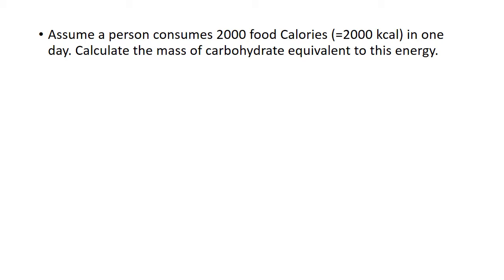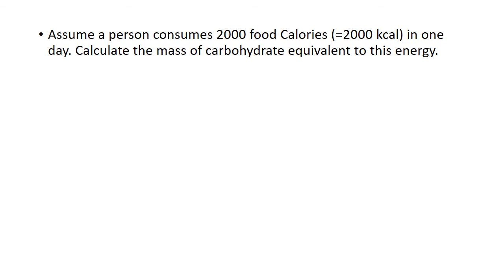Food calories is something you should be familiar with, and 2,000 might be a typical number; for an athlete, it's probably a lot more. We'll calculate the mass of the carbohydrate that's needed to supply that 2,000 food calories, and we can do that using thermochemistry.